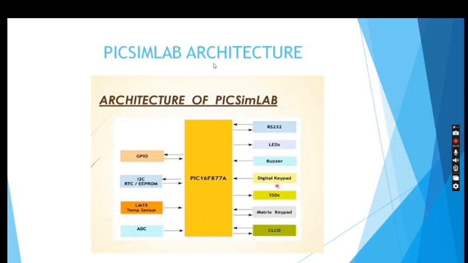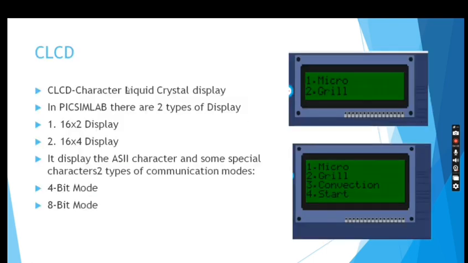The architecture of the PICSIM lab we are using is of this kind, and it has LED, buzzer, digital keypad, SSDs, matrix keypad, CLCD, ADC, temperature sensor, RTC, and GPIO. So what is CLCD? It is a character liquid crystal display.